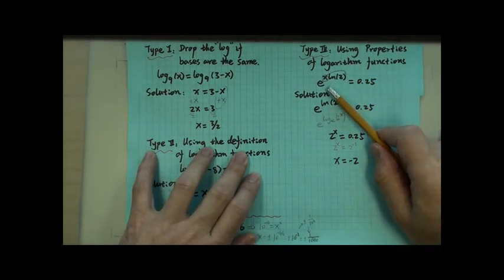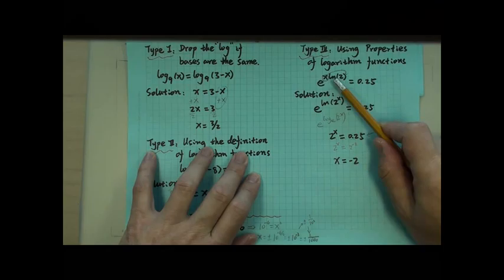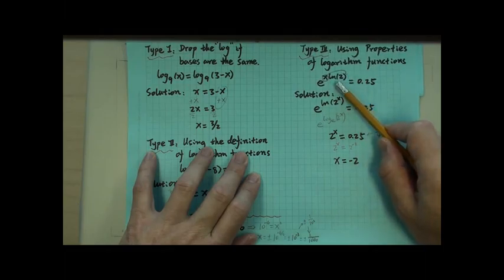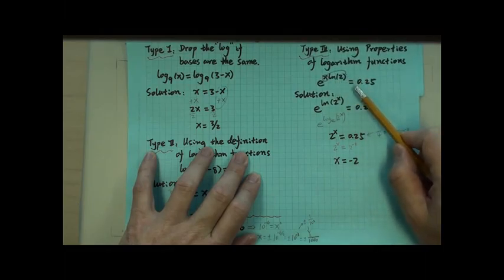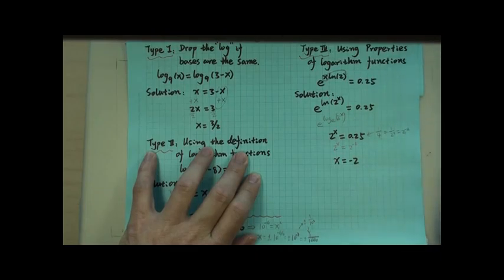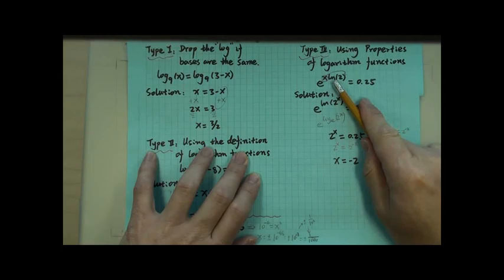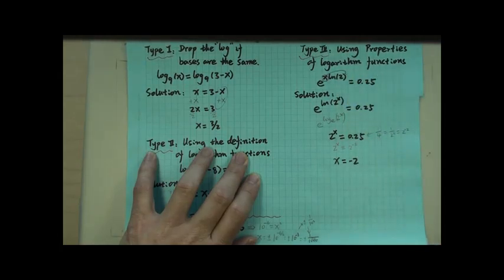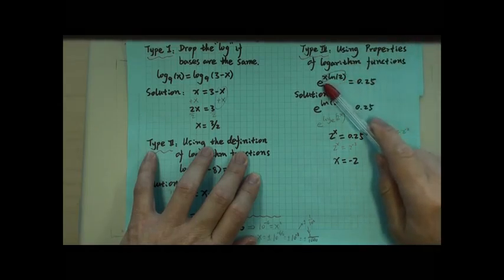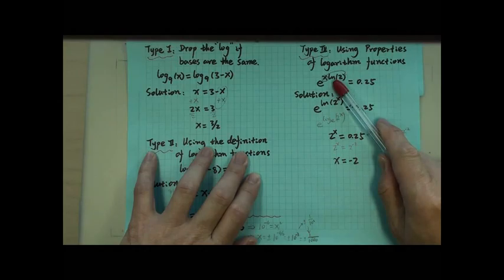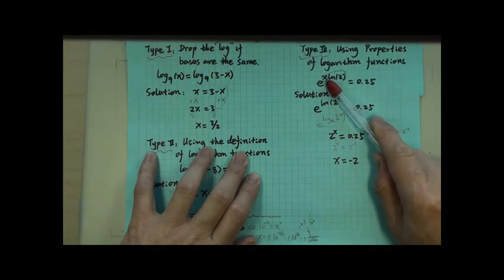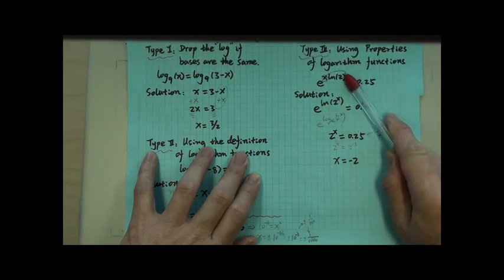Look at this equation: e to the x times natural log 2 equals 0.25. Remember, here is the natural log, base is e. Now, since x is in front of natural log, this x can go to the exponent.